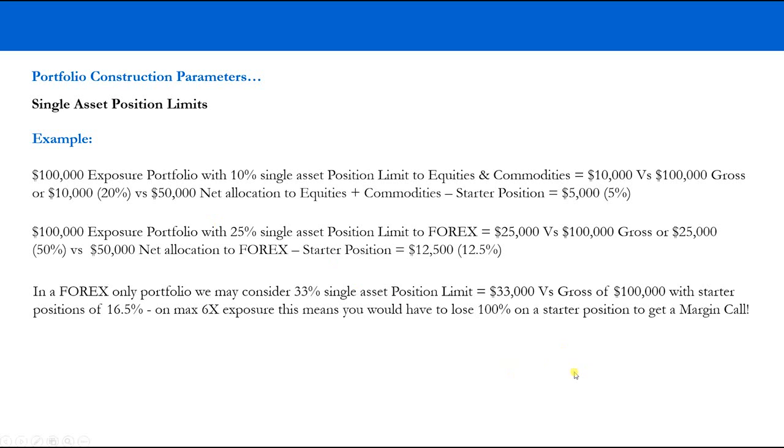Now, we talked earlier about single asset position limits and how breaking a limit might be possible if you actually have a winning position. Well, that's fine.